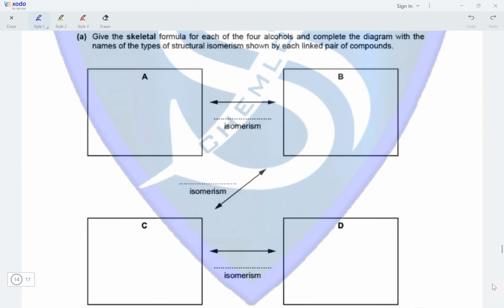Give the skeletal formula of each of the four alcohols and complete the diagram with the name of the type of structural isomerism shown by each linked pair of compounds. So A is a tertiary alcohol, B is a secondary alcohol, C is a primary alcohol, and D is also a primary alcohol.